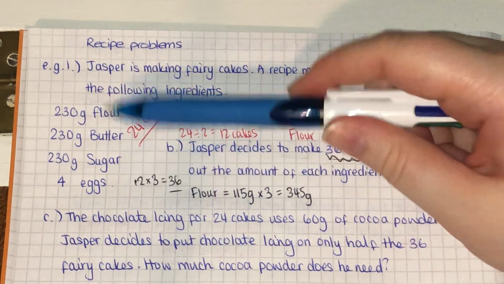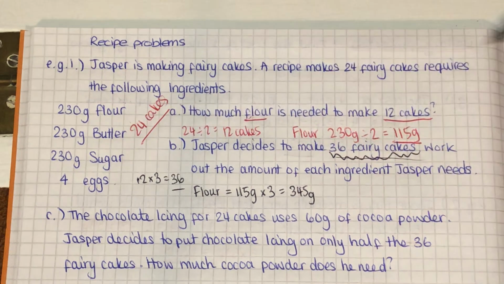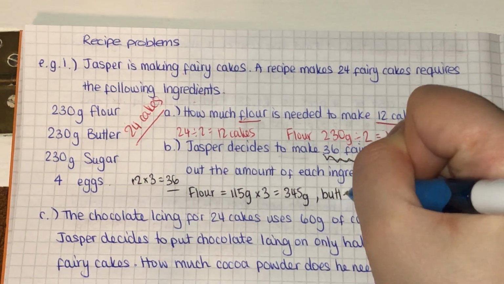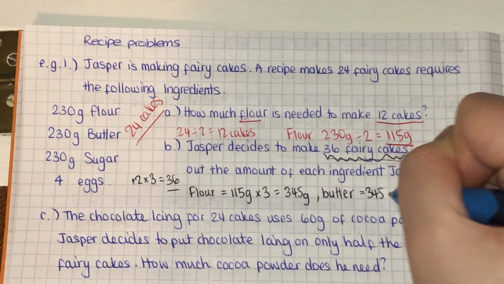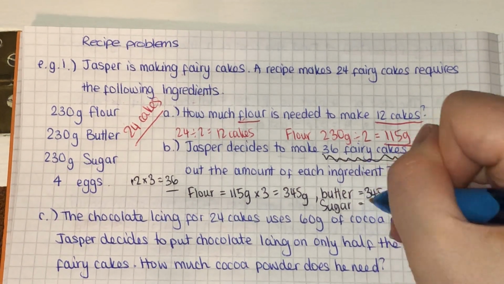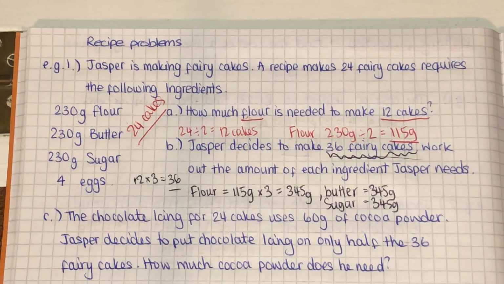If you look in the recipe, the butter and sugar are the same as the flour, which means that the butter must also be 345 and the sugar must also be 345. Okay, it's just the eggs we need to work out.